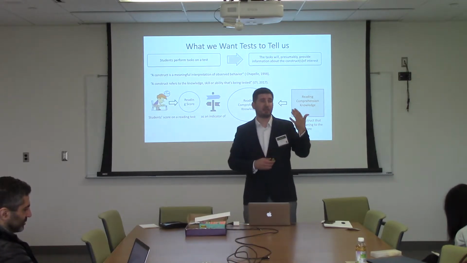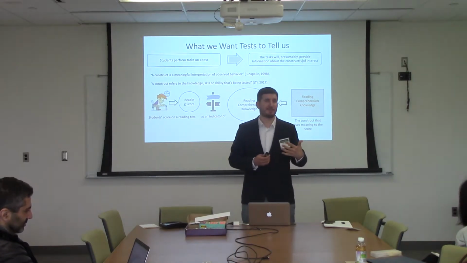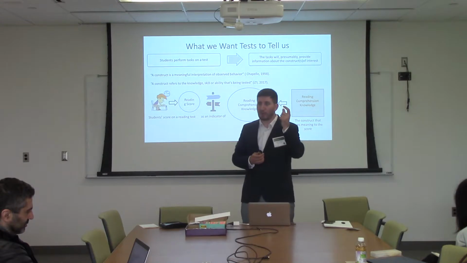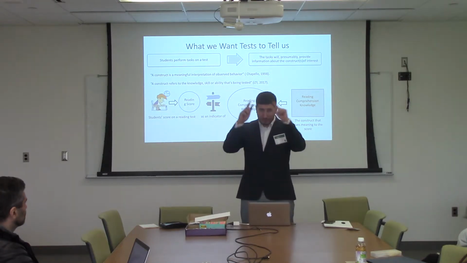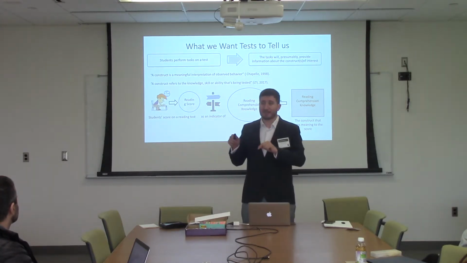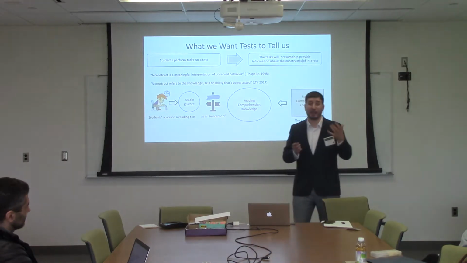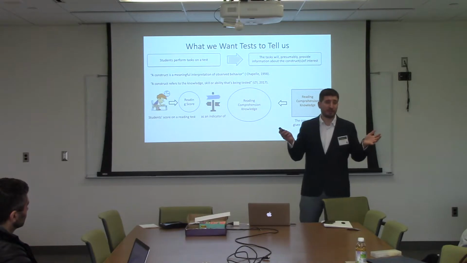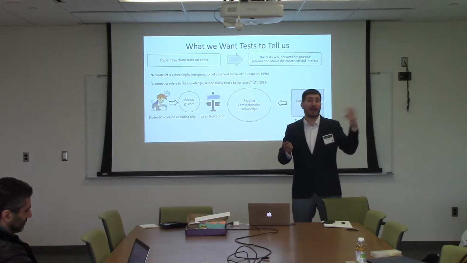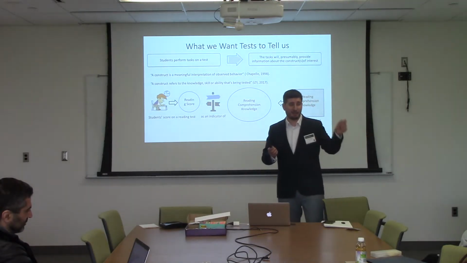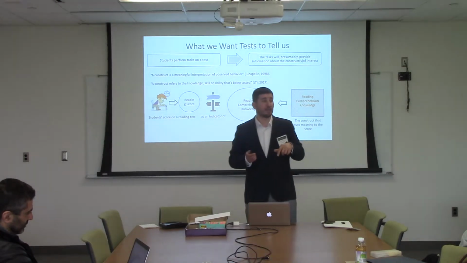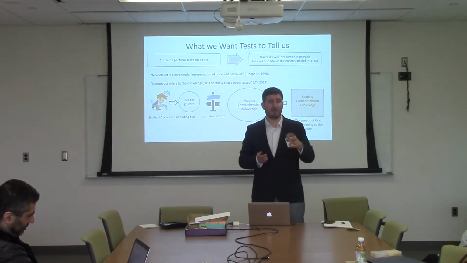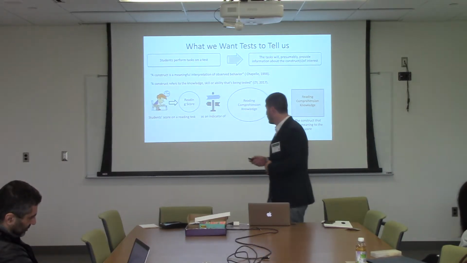But they have a 2-page explanation for that score. That explanation is the construct they're trying to explain. And that's why universities in North America rely on that, saying that if they have this score, then they're good to go and study here. They make interpretations based on that score about students' skills.